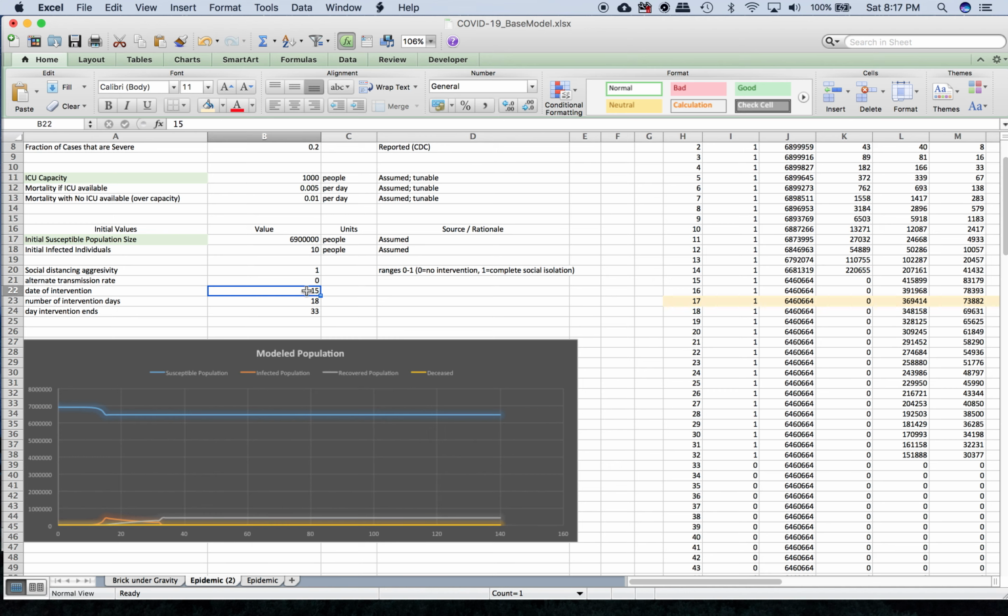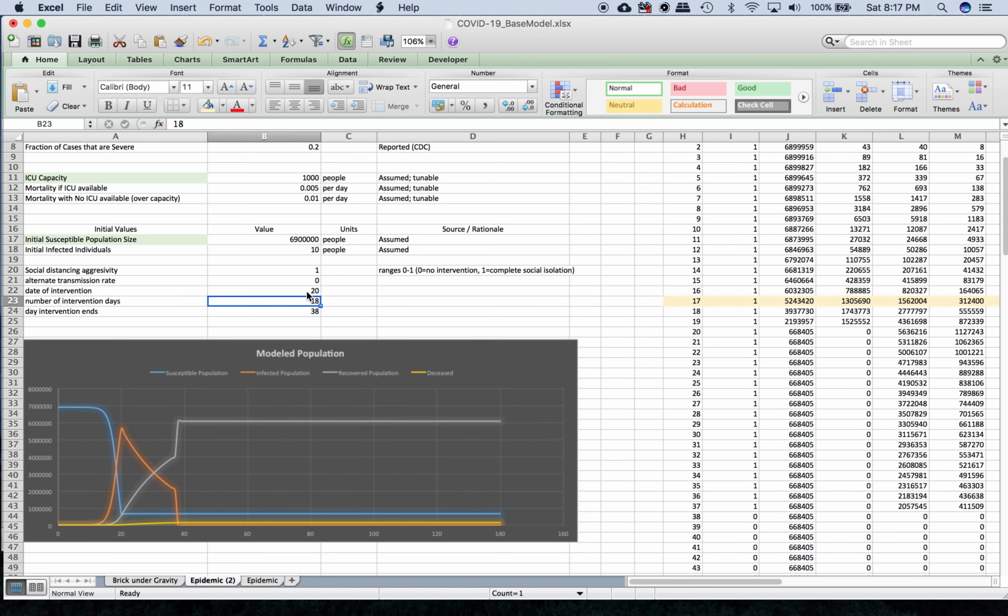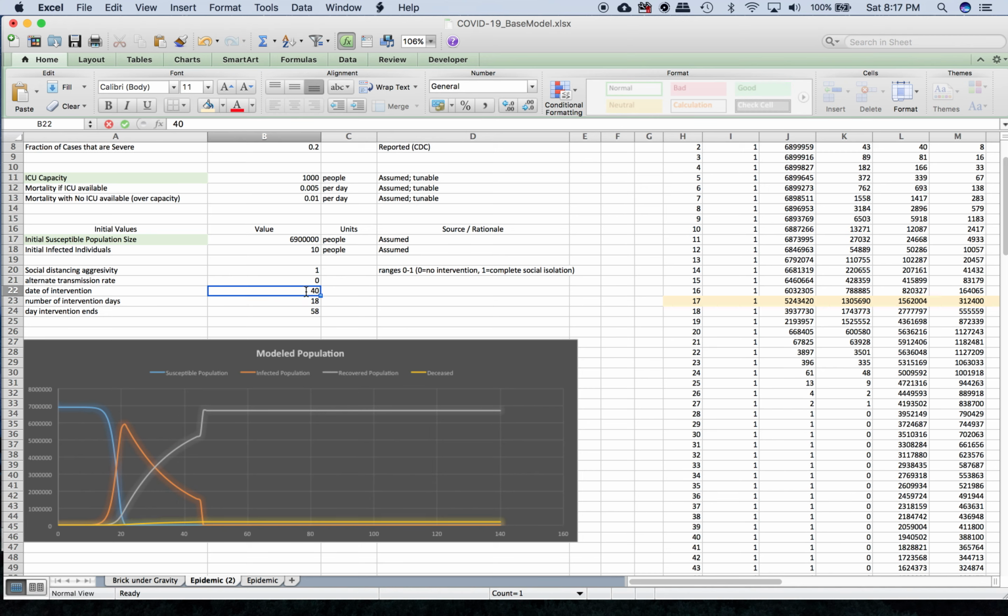If we move this to a later date, let's say day 20, you can see how it's less effective. There's such an important growth between day 15 and day 20 that doing a complete intervention later does no good at all. And so if you move this even further, let's say day 40, you had really almost no effect. And let's say you move this to day 60, you intervene. Yeah, you've sort of missed the curve.